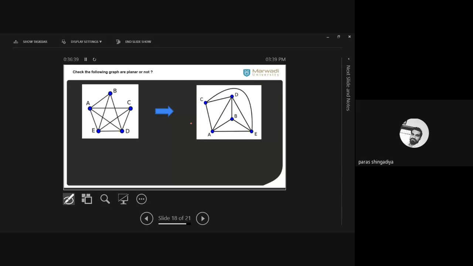Now remove these two from here, and stretch this vertex to the inside of the graph. These three edges were crossing with it, so now it will be without a cross. So consider this part to here, that is now B. It is connected with A, B, E, clear? Rest of the connections as they are, and then consider the C connection, and connect it to the outside boundary. Just recreate it in such a way.